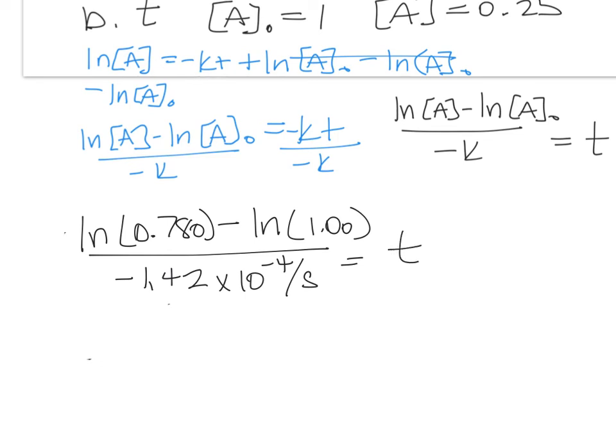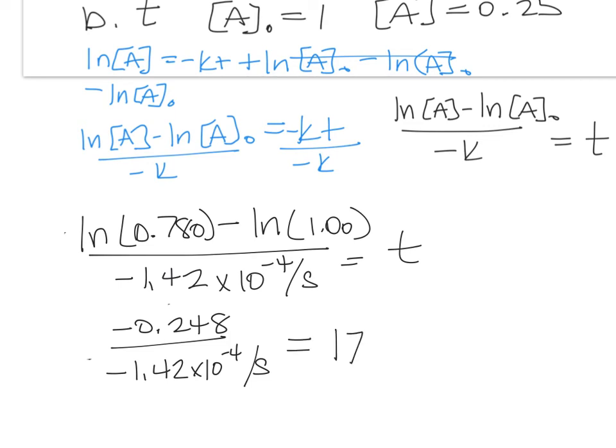And I get negative 0.248 over negative 1.42 times 10 to the negative fourth per second. And for this one, I'm getting 1,746 seconds. All right, so there were two problems, both solving for time. Let's look at our last one.